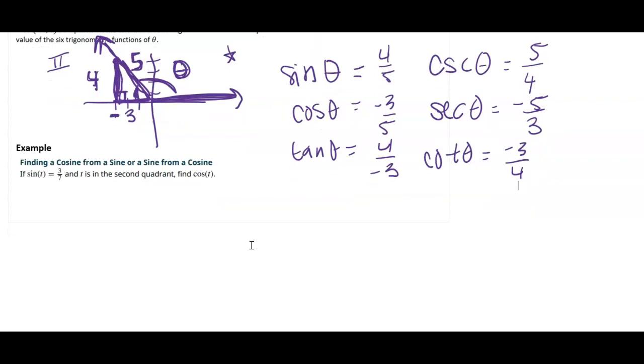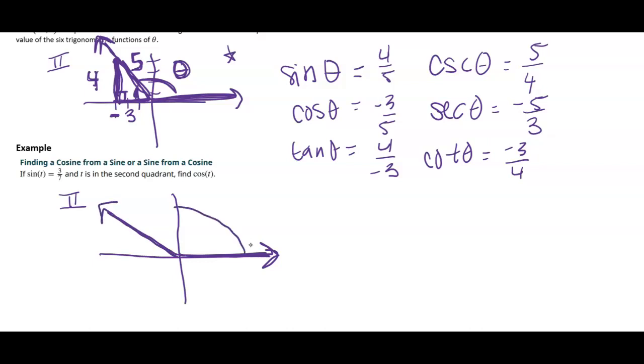All right, let's look at one more example of this type. So if I know that the sine of some angle in quadrant 2, again, is 3 over 7. So here is my initial side. I'm somewhere here in quadrant 2, and this is my t.